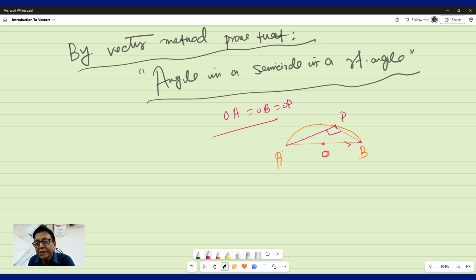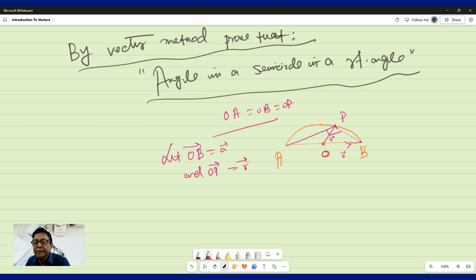If this one we have taken as vector A, then you can start in this manner. Let OB equal to A and OP equal to R. OP is the R vector.